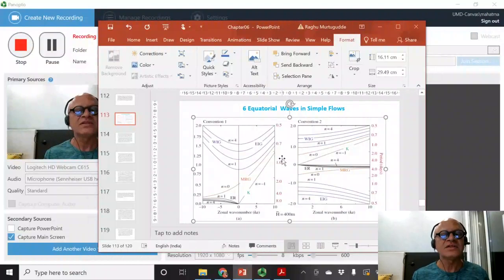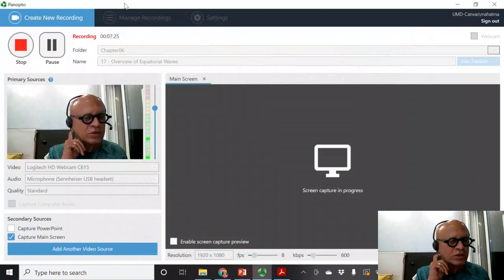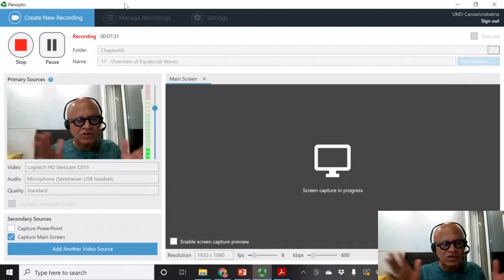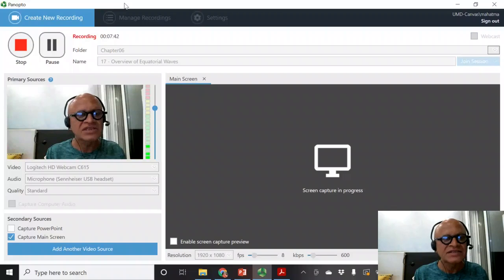Okay, that's the summary. I hope it's fairly clear what we learned in terms of waves and interactions with the mean flow and the strength of the equatorial trapping and how it depends on the depth of the fluid, the background state, and in special cases also the length scale of the flow field, the background state. Right?